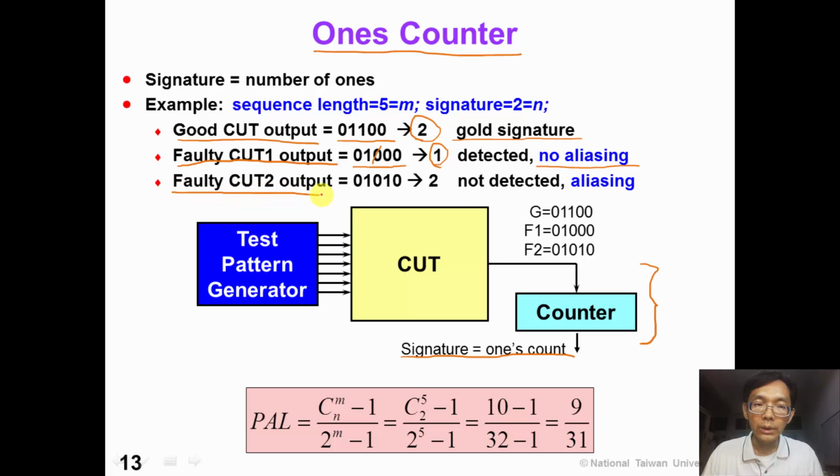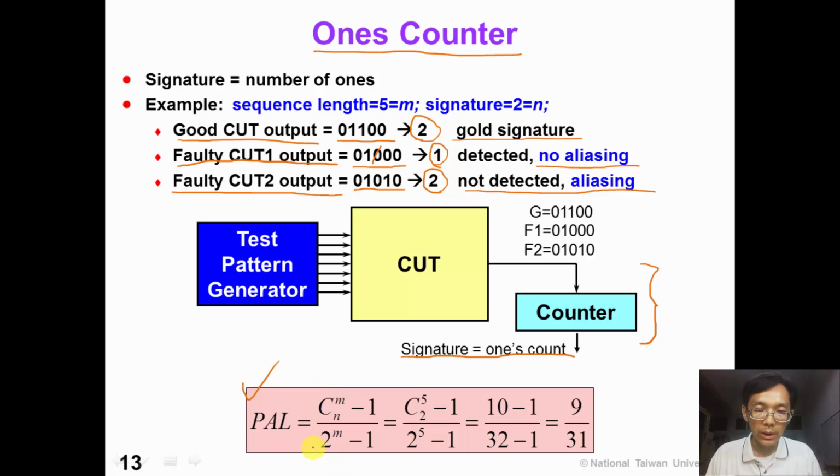However, for faulty CUT number 2 the output is 01010, which also has 2 ones in the output, so the fault is not detected and there is aliasing. So how do we analyze the PAL of this counter? The PAL of this counter can be expressed as this equation.